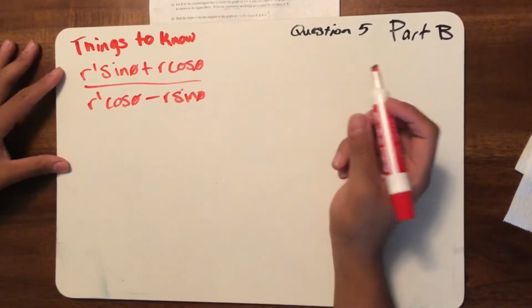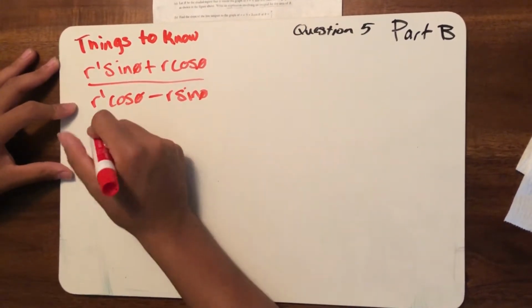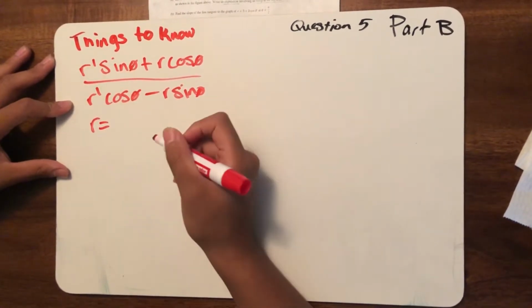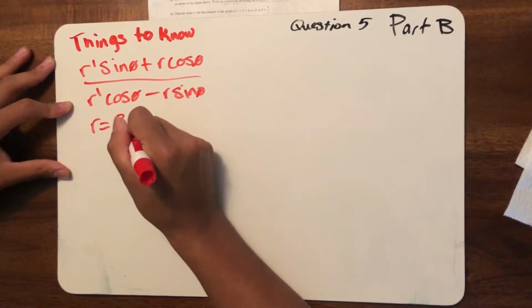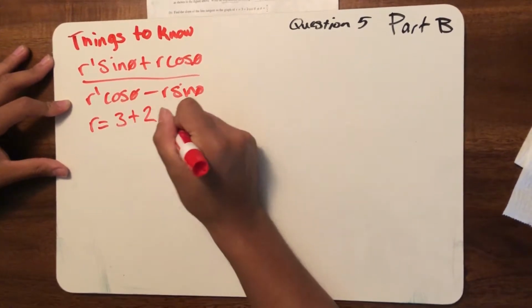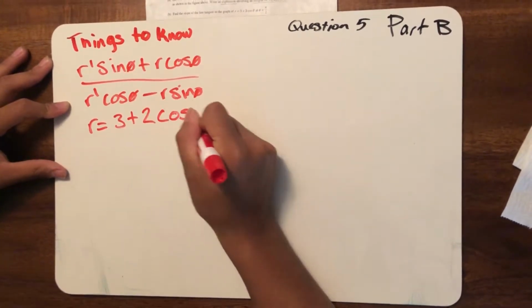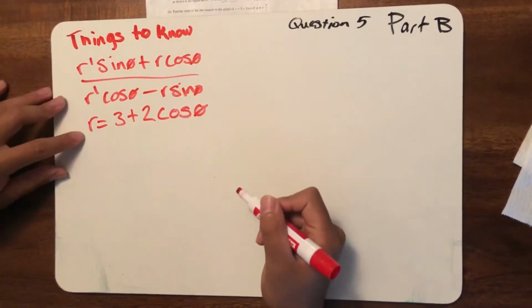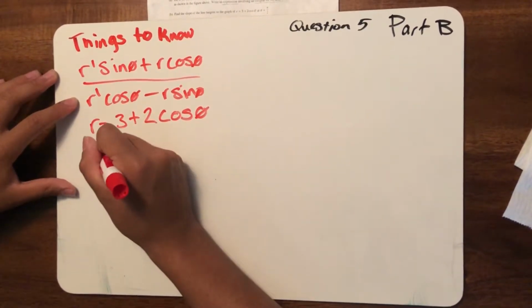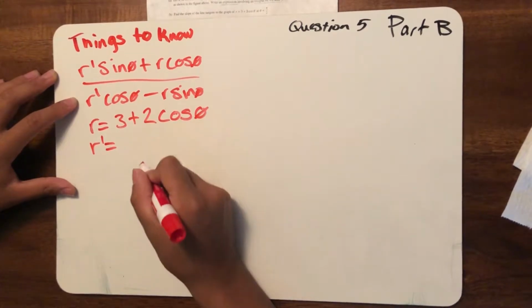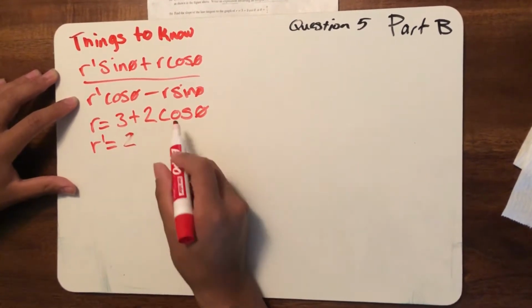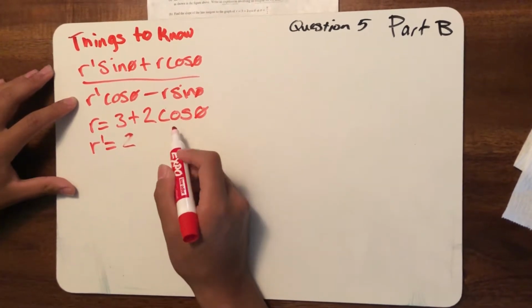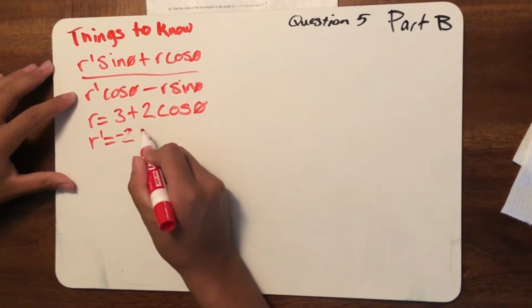Now we're going to identify the values that are needed. So we're going to need to find r. r was given to us in the problem, which is 3 plus 2 cosine theta. You find r prime by taking the derivative of r, which in this case would just be 2, the factor, and you take the derivative of cosine theta, which would be negative sine theta.